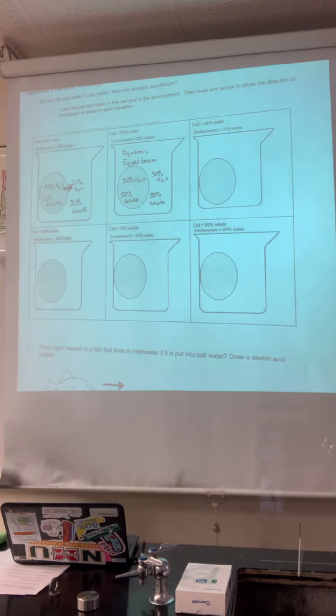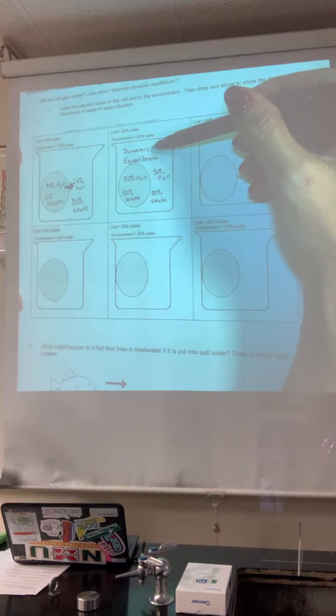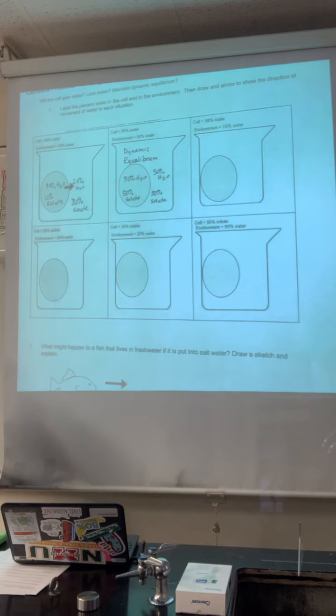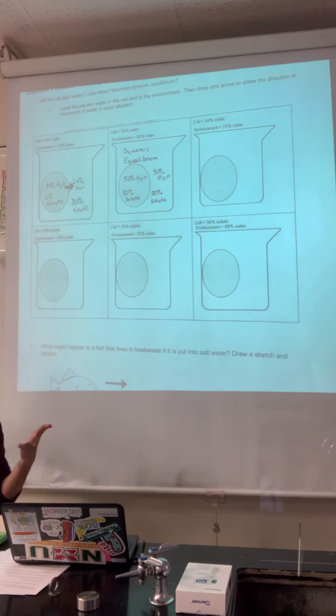Anyway, what I want you guys to write is dynamic equilibrium, okay? The reason we say that is because that's explaining that there's no net movement of water in one direction or other, but molecules are still moving, right? I don't want you to think that everything freezes in 50-50, right? They're still bumping around, they're still maybe moving through the membrane, but they're not flowing from high to low, okay?